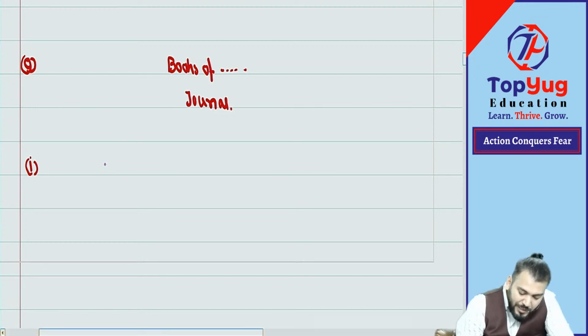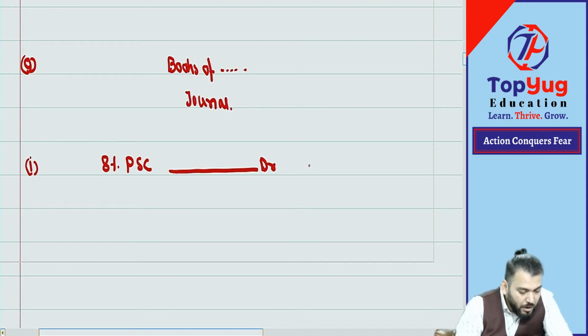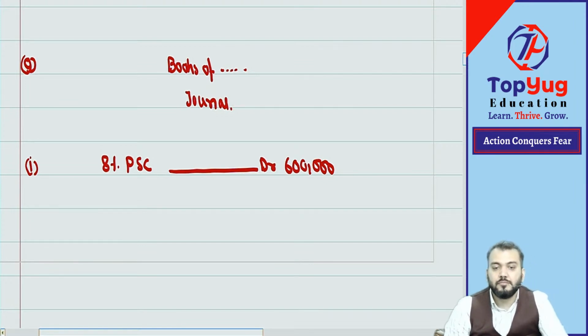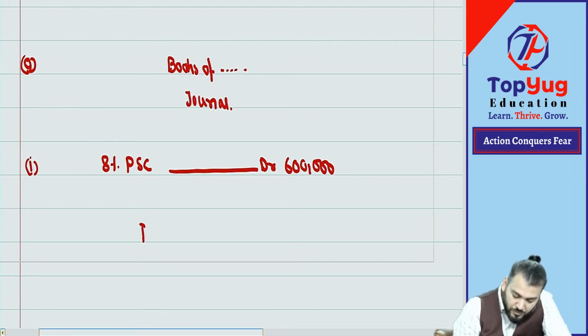It will be 8% preference share capital account debit, 6 lakh. To capital reduction, how much?